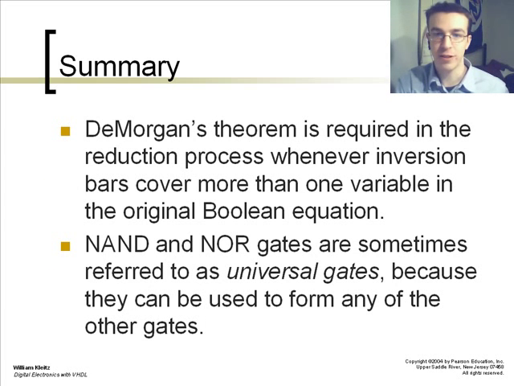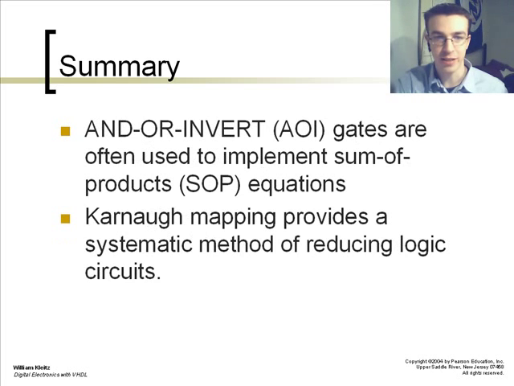DeMorgan's theorem is required in the reduction process whenever inversion bars cover more than one variable in the original Boolean equation. NAND and NOR gates are sometimes referred to as universal gates because they can be used to form any of the other gates. The AND-OR-invert gates are often used to implement sum of products equations.